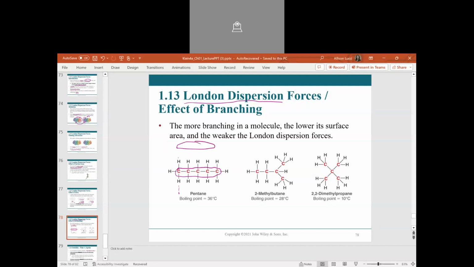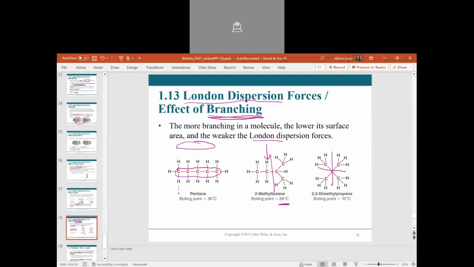Now we have methylbutane, which is branched. So that's the effect of branching that we'll talk about. This one is, half of it is branched and the other half is linear. So we have less intermolecular interactions, less London dispersion forces. So we have a lower boiling point.